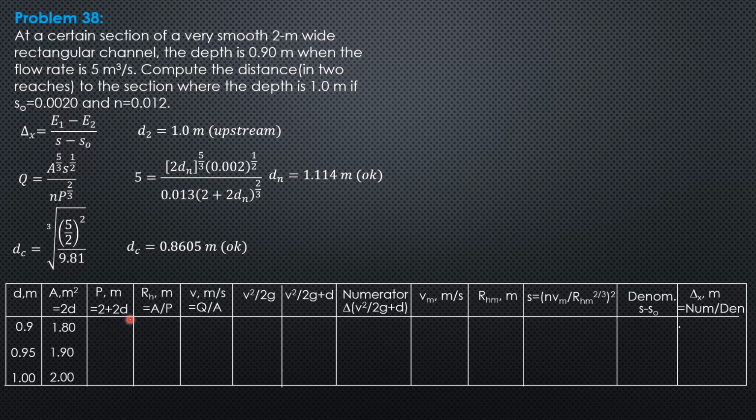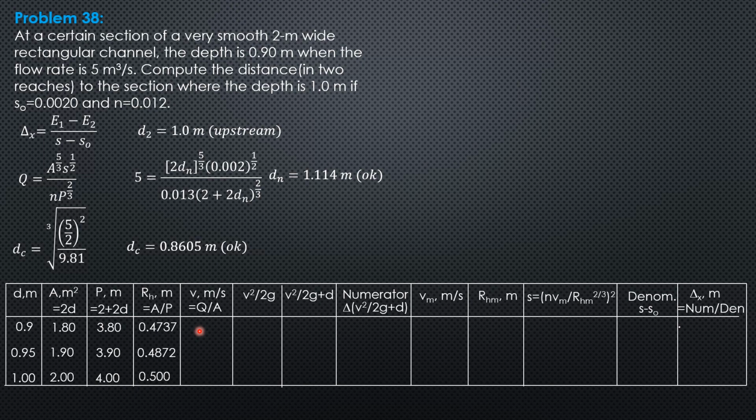Perimeter is 2 plus 2d, so 2 plus 2 times 0.9 is 3.8. 2 plus 2 times 0.95 is 3.9. And 2 plus 2 times 1 is 4.00. Hydraulic radius is area over wetted perimeter, so 1.8 over 3.8, 0.4737. 1.9 over 3.9, that's 0.4872, 2 divided by 4 is 0.500.